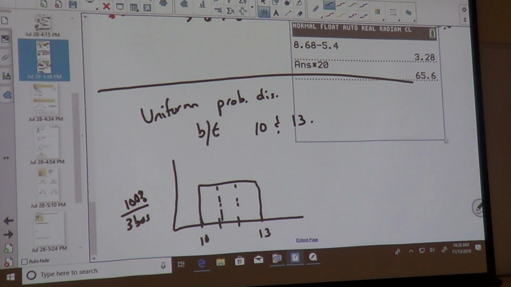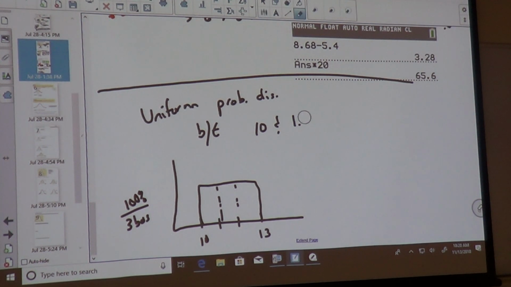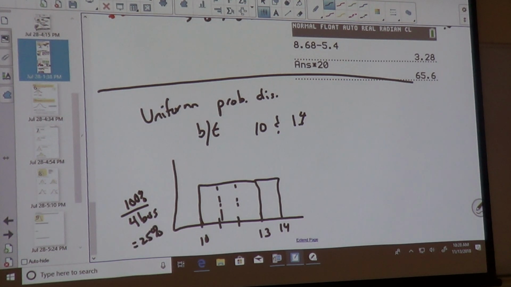Let me go to 14 because I don't want an ugly number. That's going to be 4 bars. So 100 divided by 4 is 25%. So this number is telling you how tall they are. That height is either going to be 25%, 0.25, or 1/4.